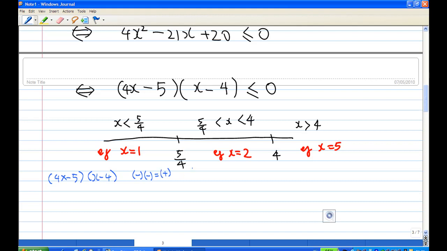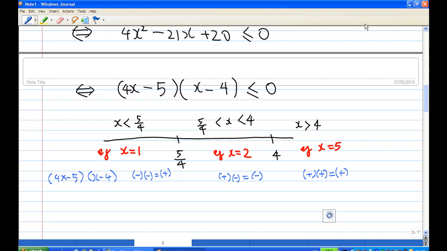Whereas for x between 5 over 4 and 4, say x equal to 2, 4x minus 5 is positive and x minus 4 is negative, so multiplying, you get negative. And for x greater than 4, say x equal to 5, 4 times 5 minus 5 is positive and 5 minus 4 is positive, so this is positive here.